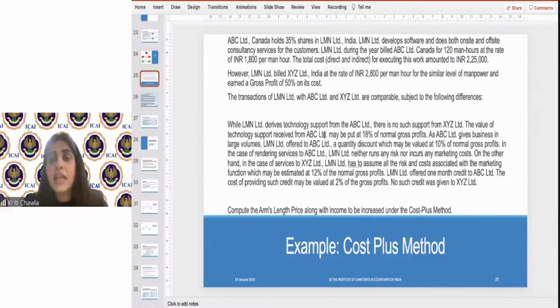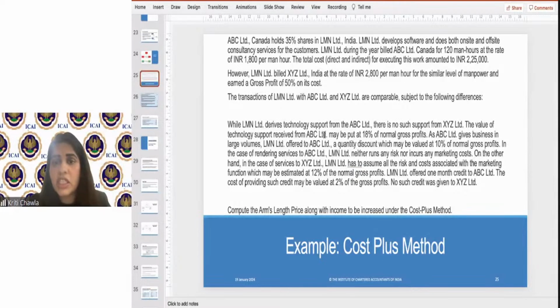The second leg is that LMN Limited develops software and does both on-site and off-site consultancy services for customers. So basically, the Indian entity provides consultancy services to ABC Limited. This is provision of service, which is covered as an international transaction as per Section 92B of the Income Tax Act. So related party, international transaction, hence transfer pricing provisions will be applicable.